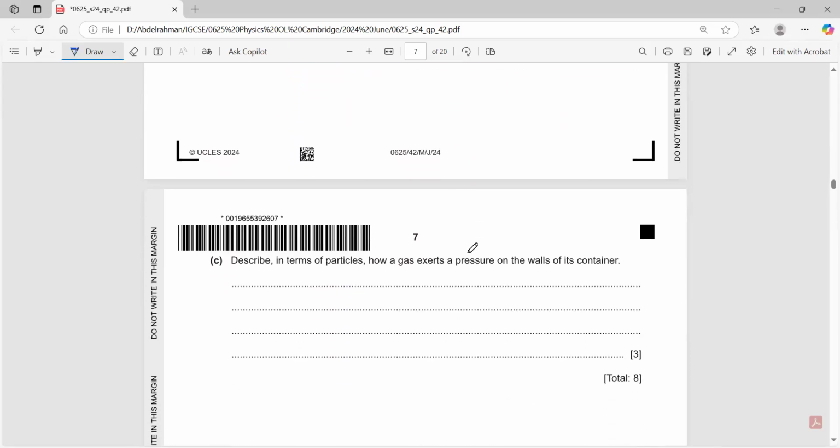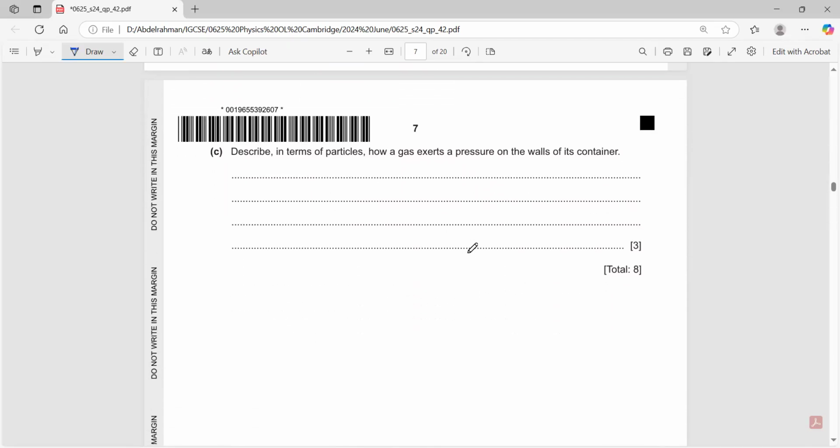Describe in terms of particles how gas exerts pressure on the walls of the container. We know how the gas exerts pressure.